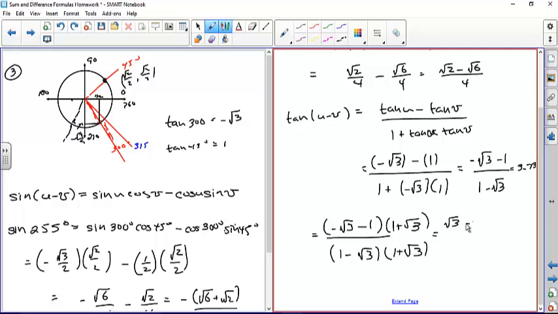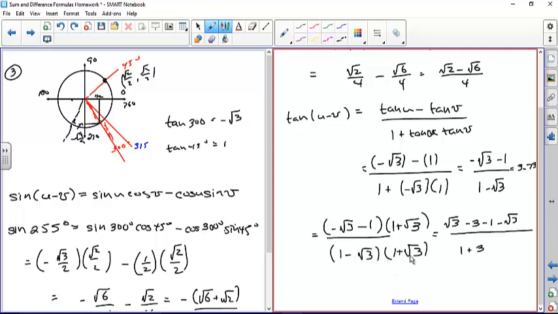Outer, I get minus 3, negative square root of 3 times positive square root of 3. Inner, I get negative 1. And then last, I get minus the square root of 3. And in the denominator, I get 1 plus 3. Because the inner and outer cancel out. So I get 1 times 1, which is 1.